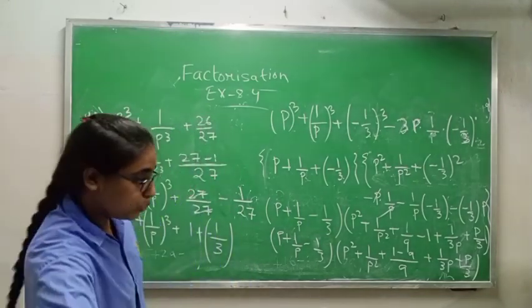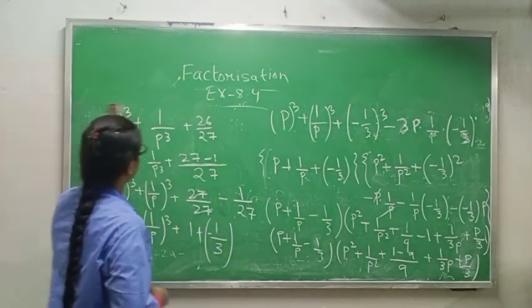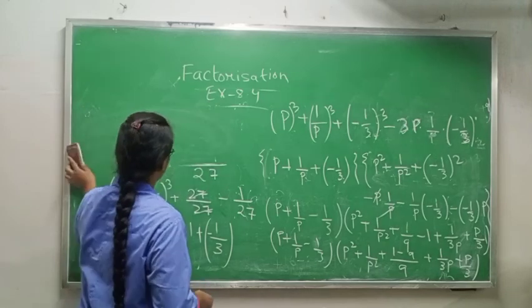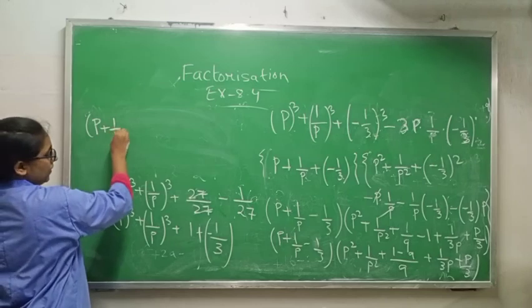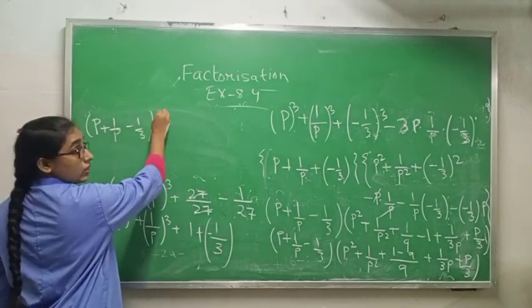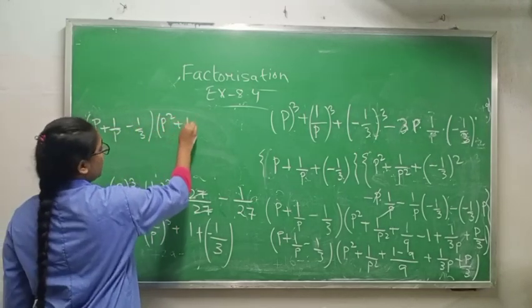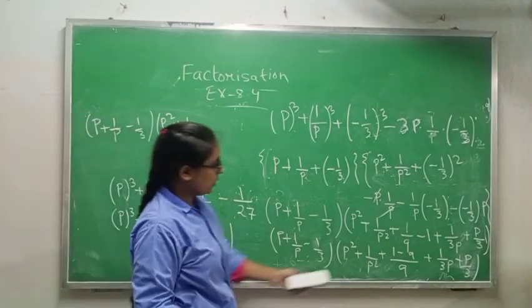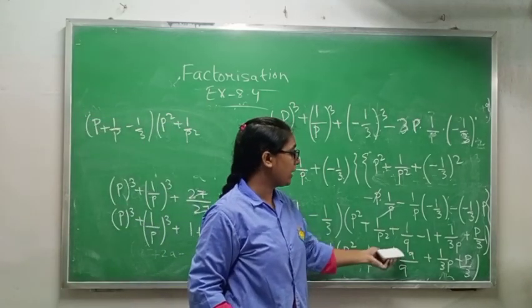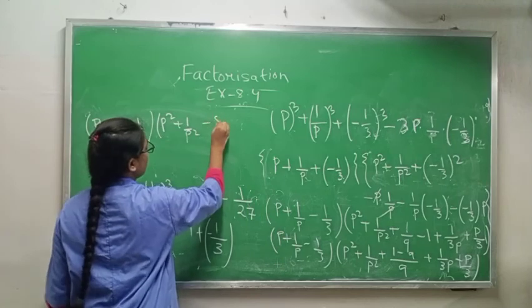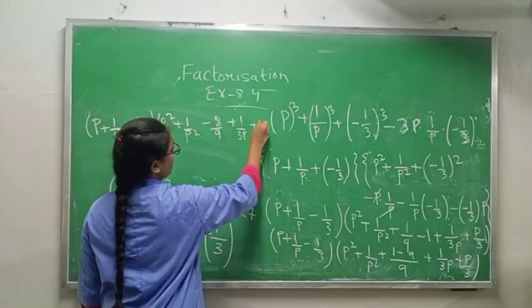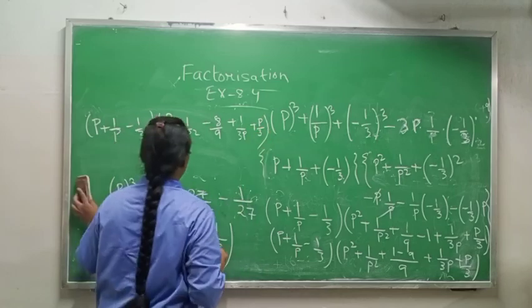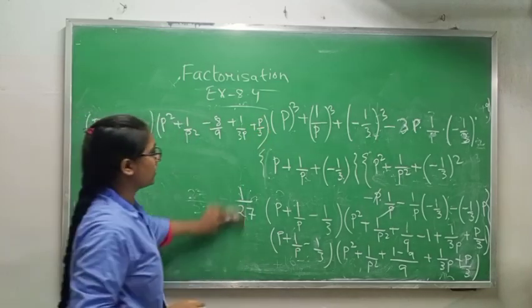I am rubbing this portion, otherwise I will not be able to fit it. P plus 1 by p minus 1 by 3, then p square plus 1 by p square minus 8 you will get, and plus minus minus 8 by 9 plus 1 by 3p plus 3 by 3. Okay, so this one is your answer.